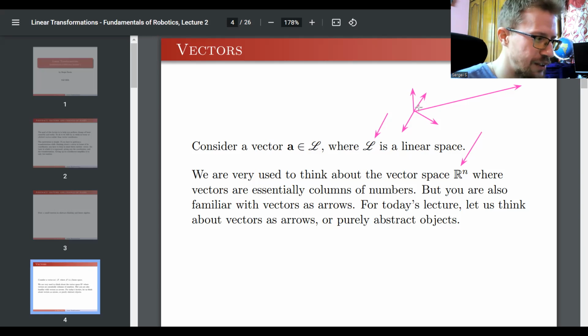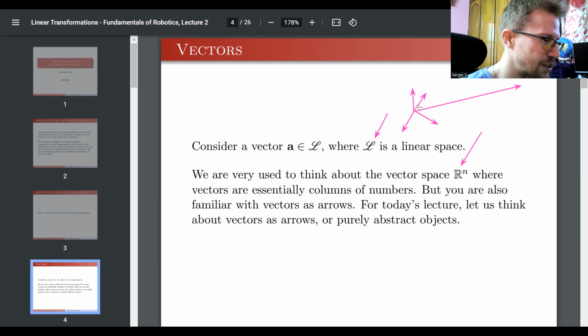You can see they are not even close to being similar to columns of numbers. For one thing, trigonometric functions, which you use in Fourier decomposition, form an infinite-dimensional linear space. If you decompose a typical function which is not periodic, you would have an infinite number of Fourier coefficients, but they still form a linear space.